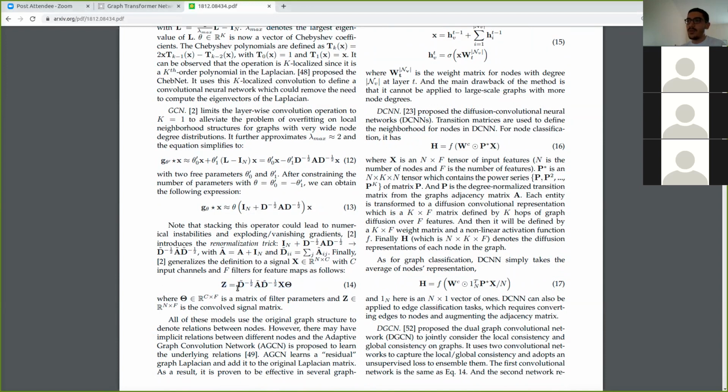So we have the renormalization of the degree matrix and the adjacency matrix as such. X is the input signal, so there are rows for each node, and C input channels.